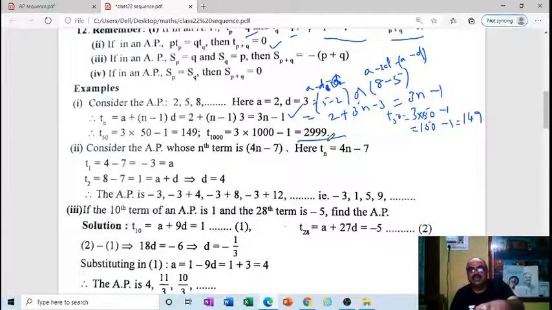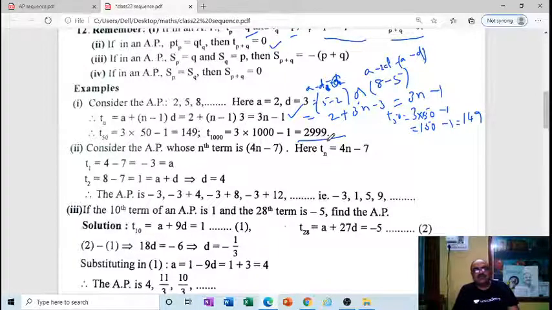We can't substitute a plus n minus 1 into d every time, taking n as whatever number, 50 or 1000, they give. If you keep on doing this, the time just lapses. You must use 3n minus 1 as the shortcut.